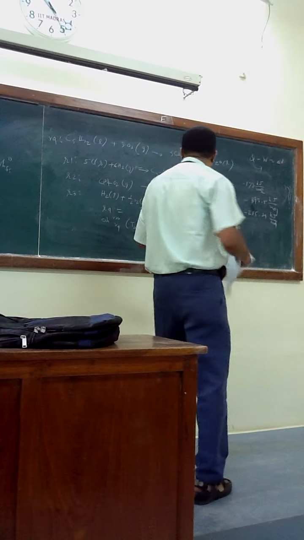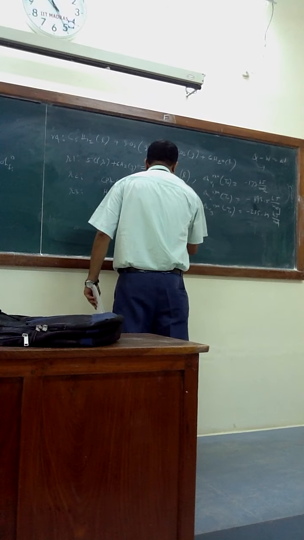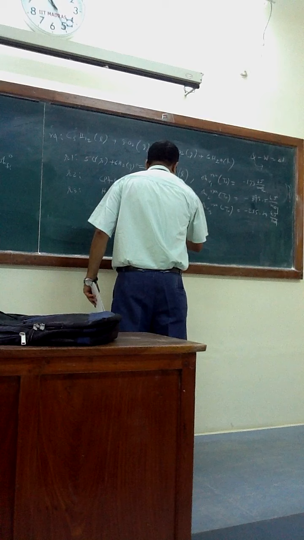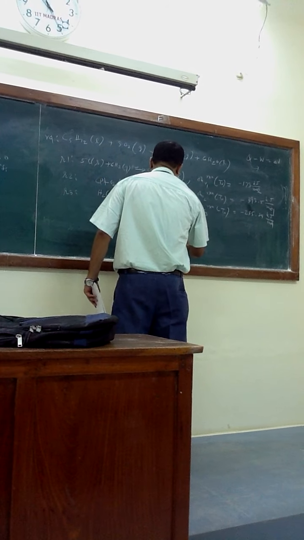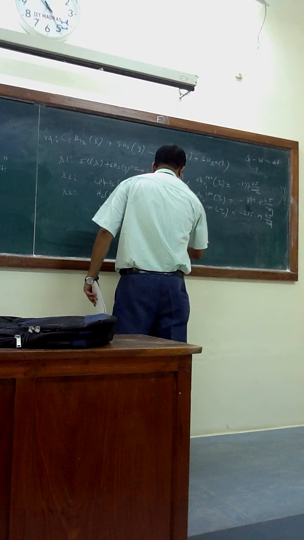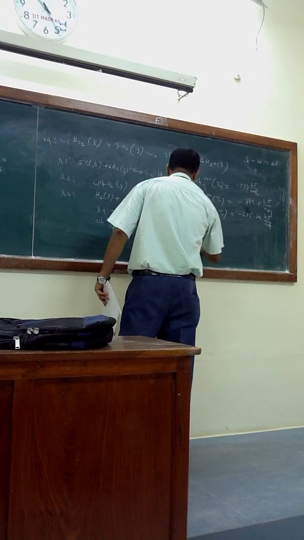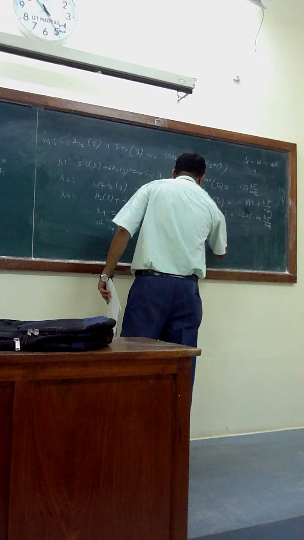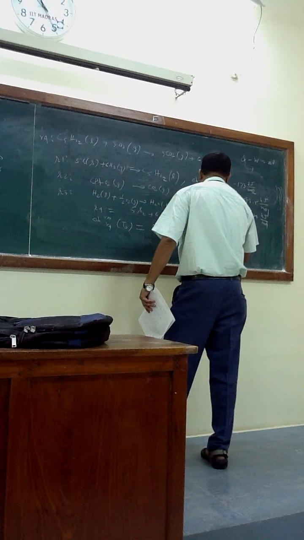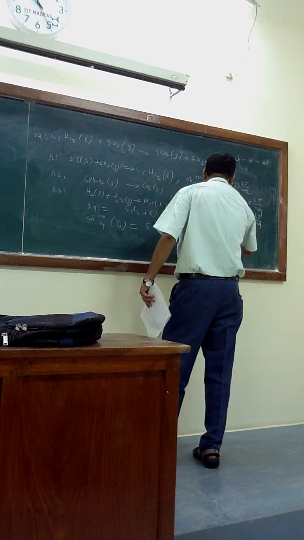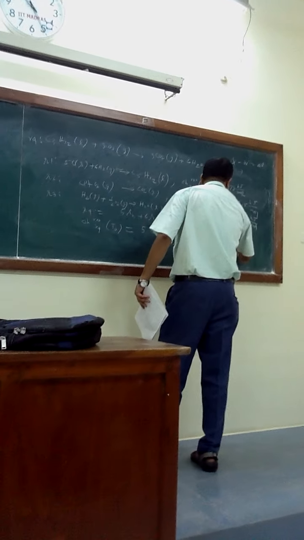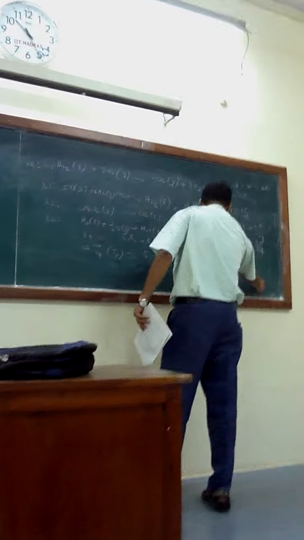Okay, and these are actually formation. So what I am saying is 5 delta HF0 of CO2 plus 6 delta HF0 of H2O minus delta HF0 of C5H12.